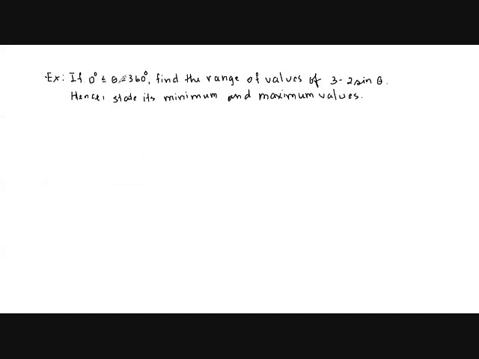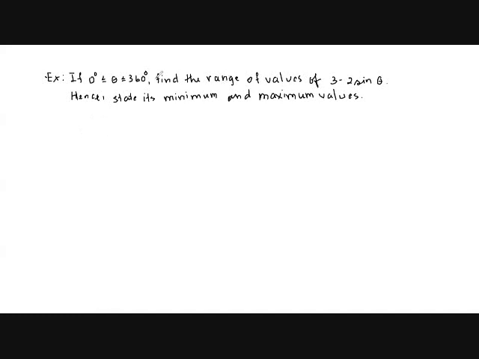If theta is less than or equal to 360 degrees and greater than or equal to 0 degrees, find the range of the values of this function. Then find out the minimum and maximum values. So now when we plot the graph for sine and cosine, we can find the max and min values.